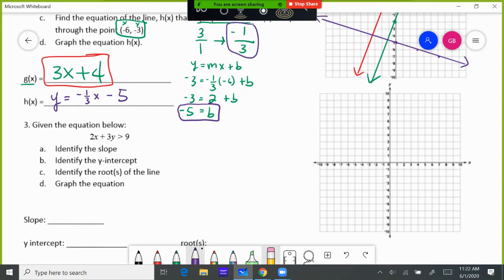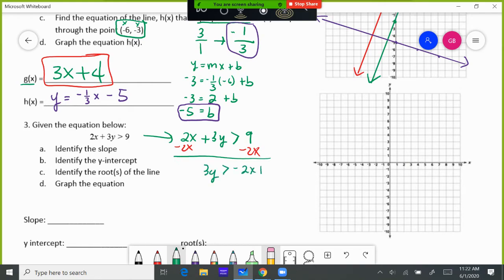Okay, number 3. Given the equation below, identify the slope. To do that, I'm going to change it from standard form to slope-intercept form by solving for y. First, we're going to subtract 2x from both sides. And then you're going to divide everything by 3.